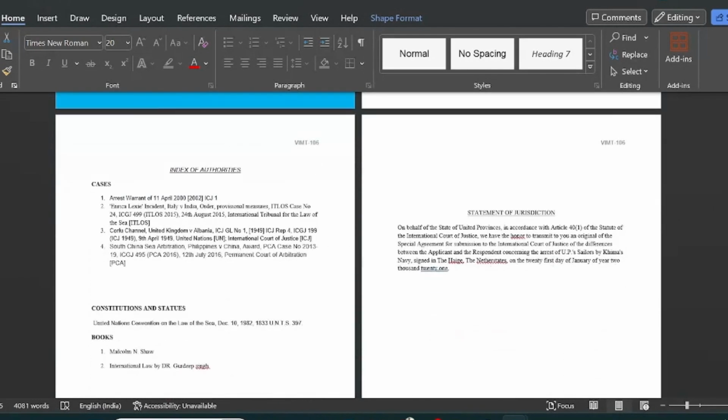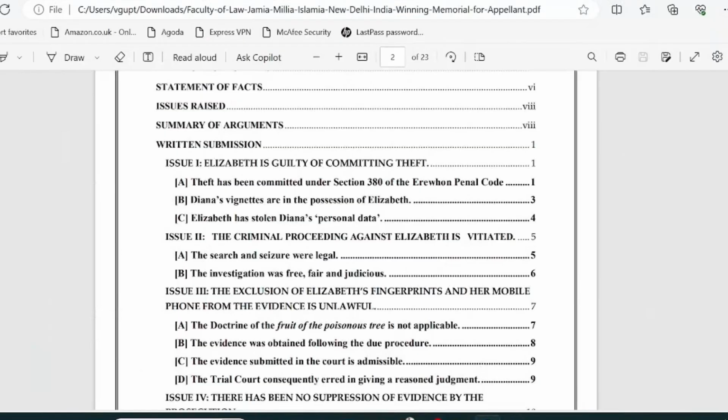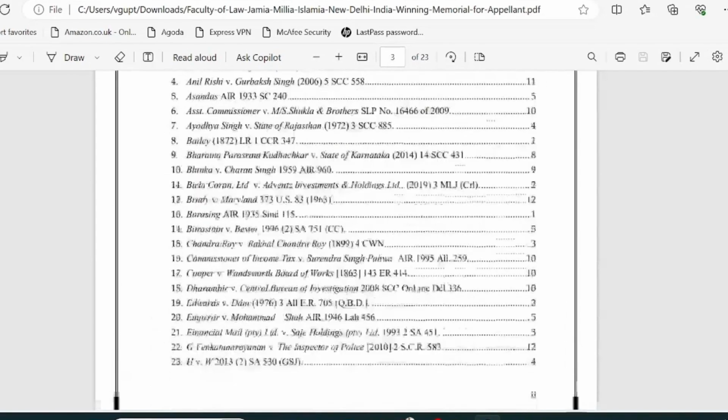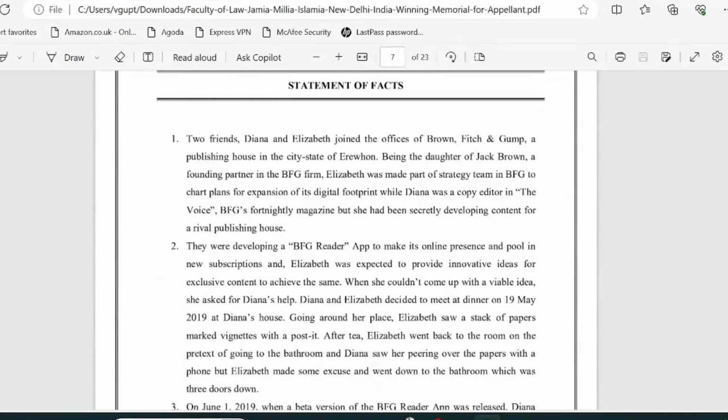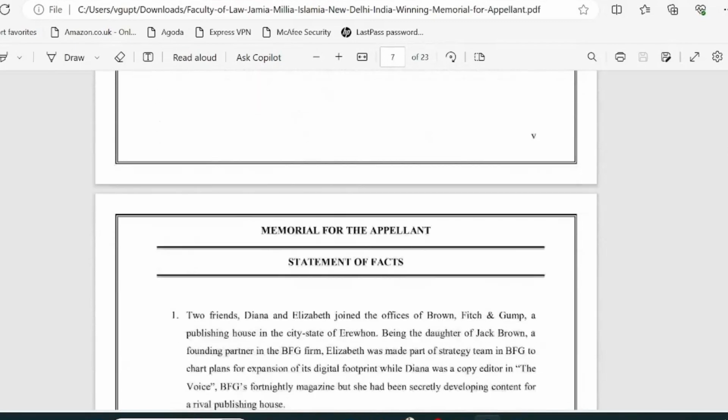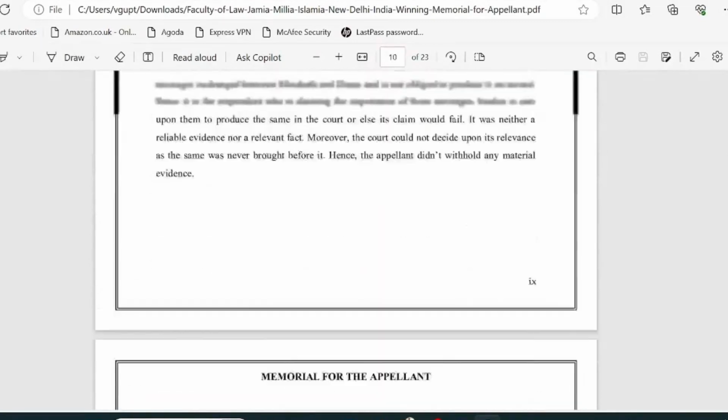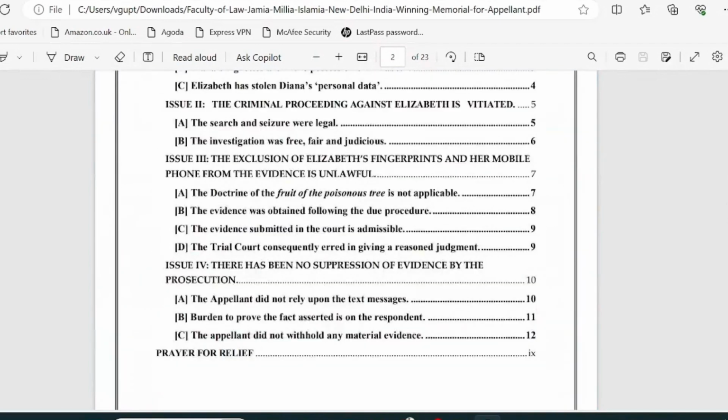Okay, let's move on to statement of jurisdiction. Statement of jurisdiction, I've explained it to you earlier also. It's basically the authority under which you are approaching the court. Just have a quick look at it.